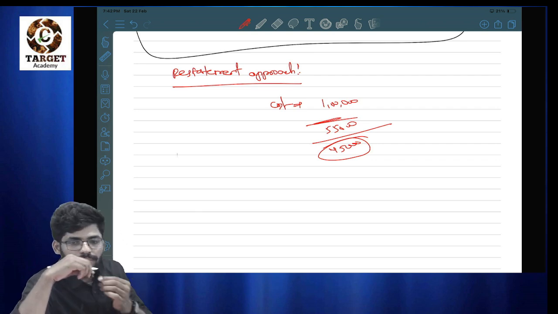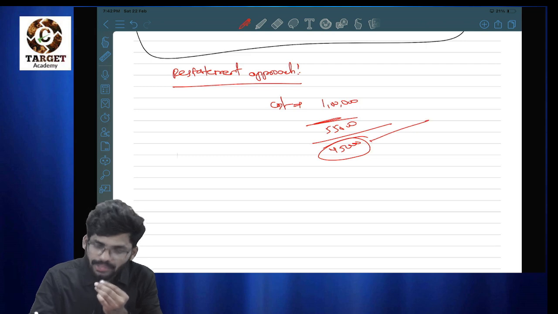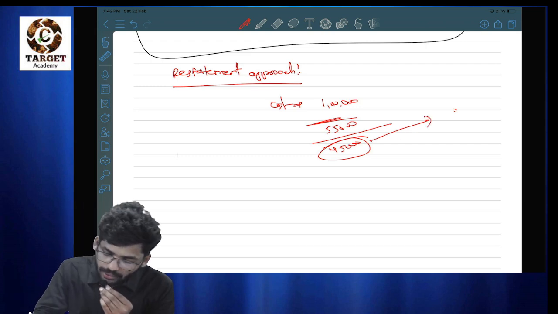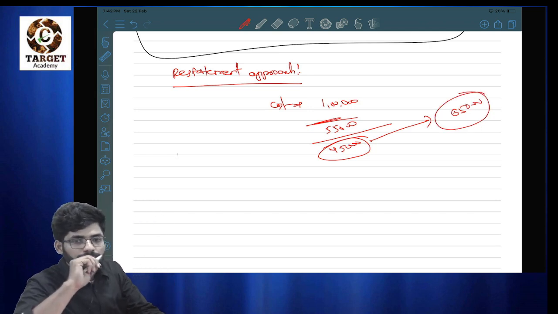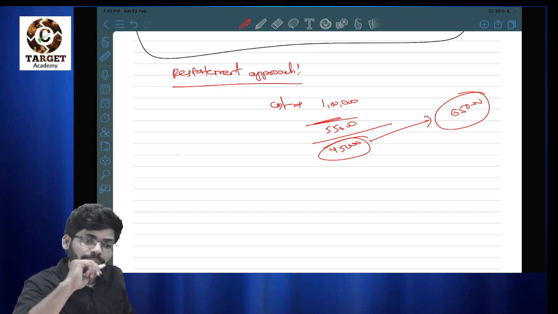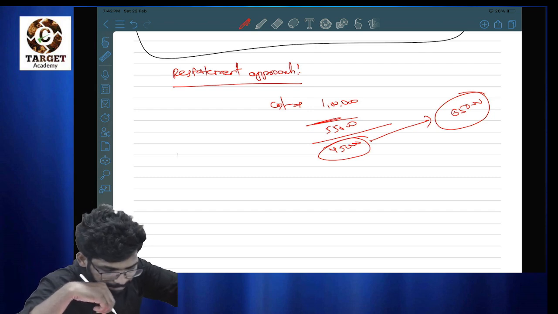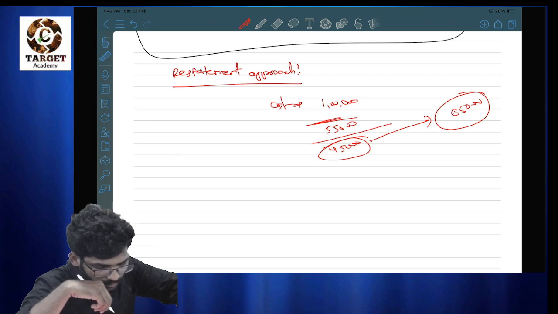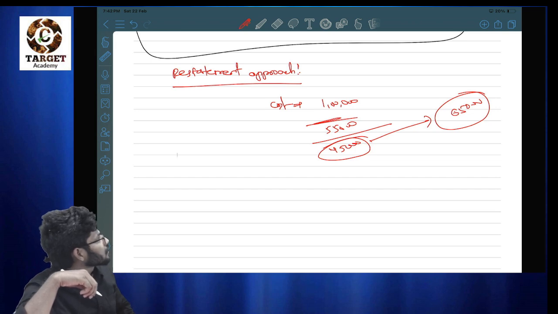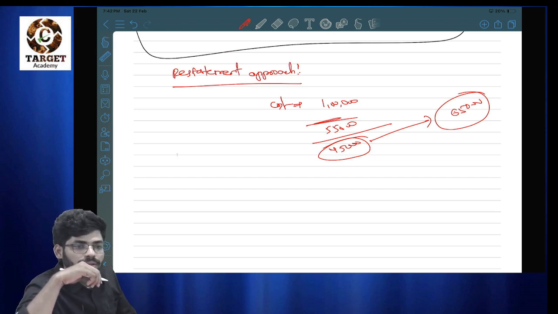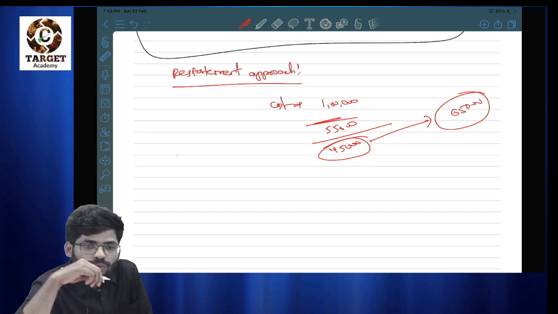So basically the asset got revalued from 45,000 to how much? 65,000. Correct or not? How much amount has been increased? Please calculate. 44.44 percentage.